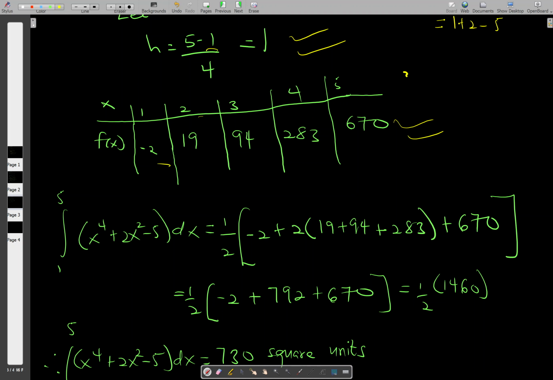Here are the middle terms: 19, 94, and 283. You multiply them by 2 and you simplify. When you simplify this, you will get 430 square units. Thank you.